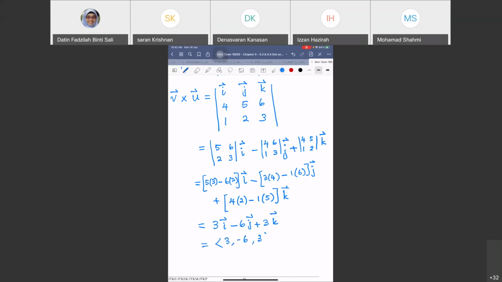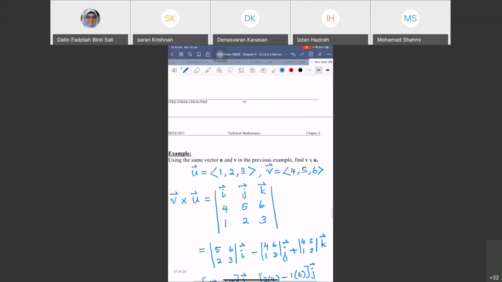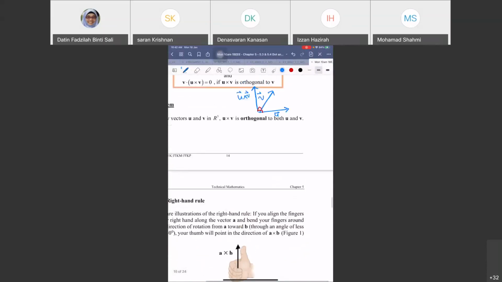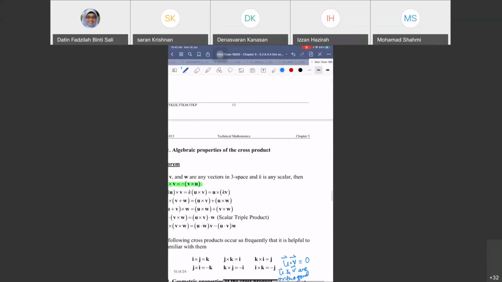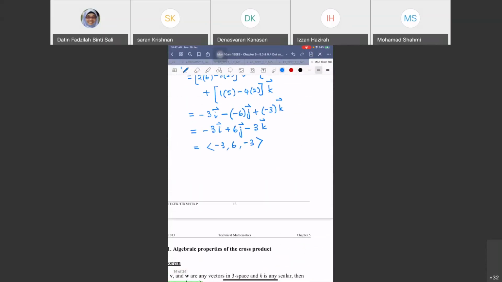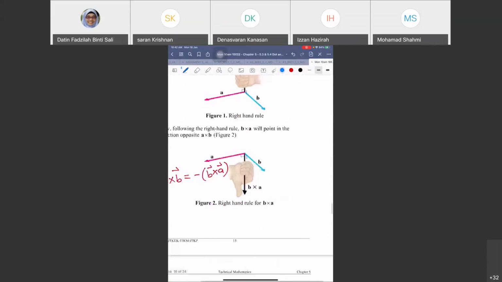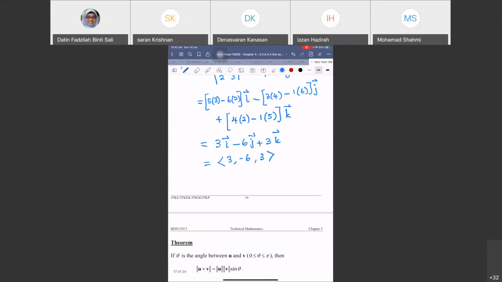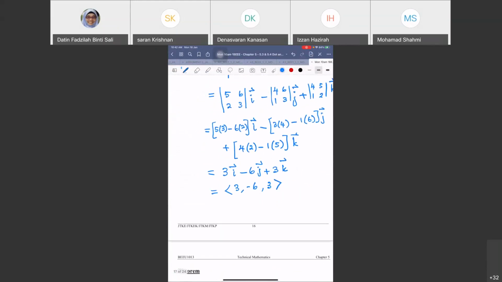If you look at the previous answer, from the previous example, our u cross v, we got minus 3, 6, minus 3.